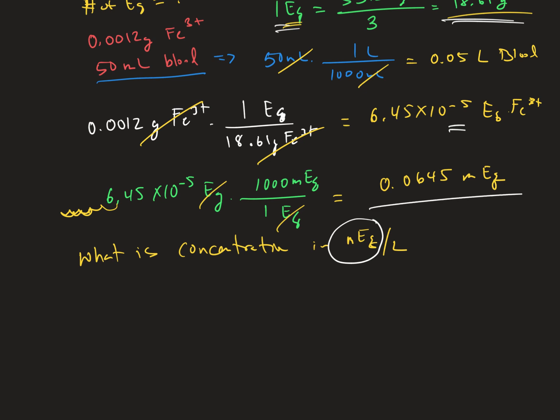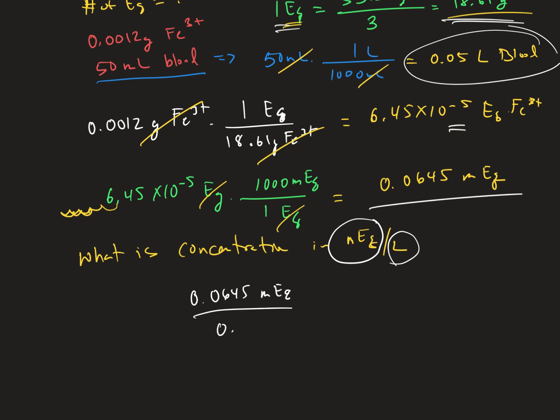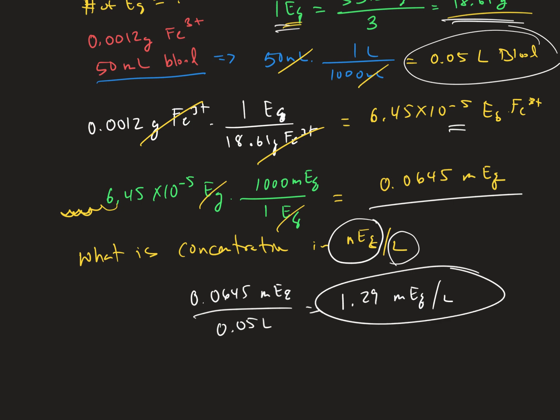Milliequivalents. What goes on bottom? The 0.05 liters. And that's going to give us 1.29 milliequivalents per liter. Good?